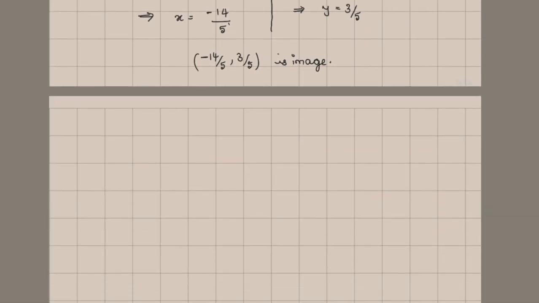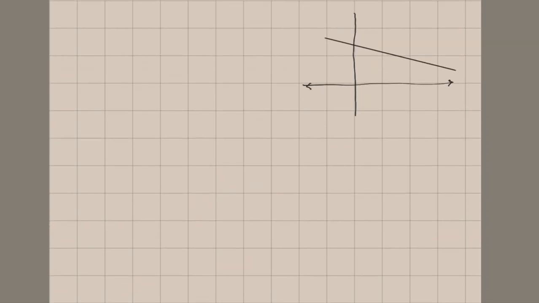Or else, what if you forgot this formula? Then we can do this, because we have seen the conditions. Let's say this is a line L, 2x + y - 1 = 0, and this point (2, 3).